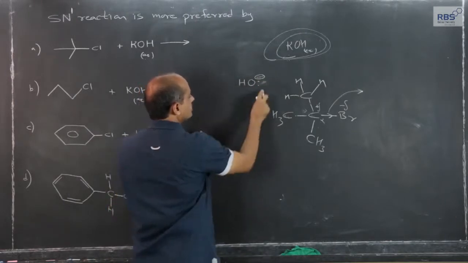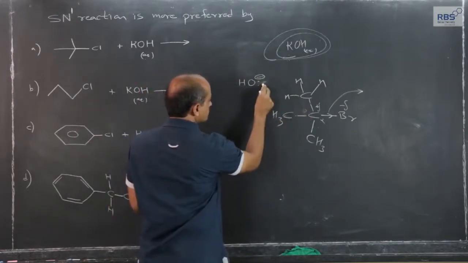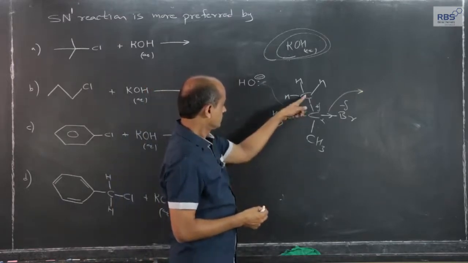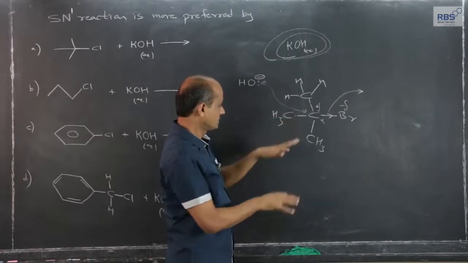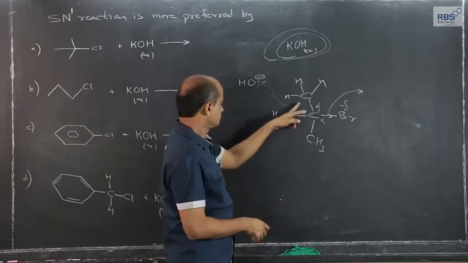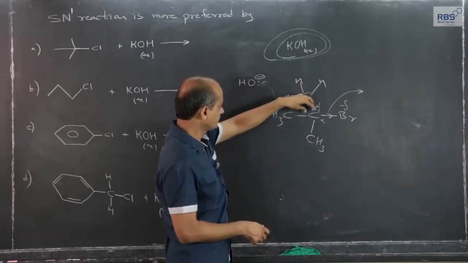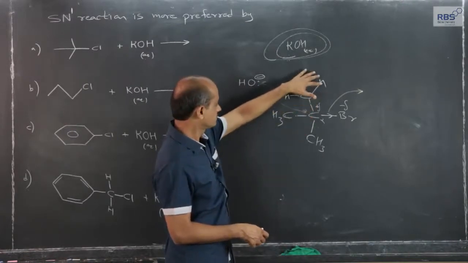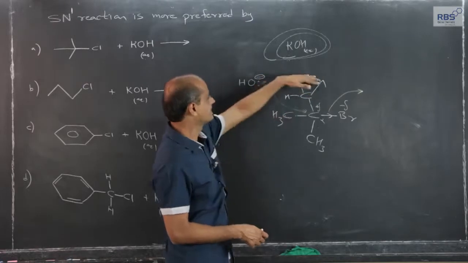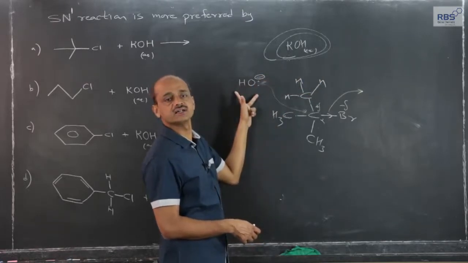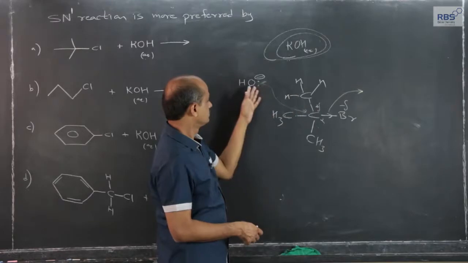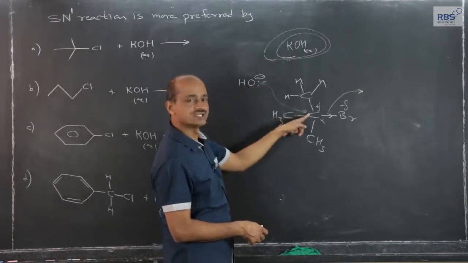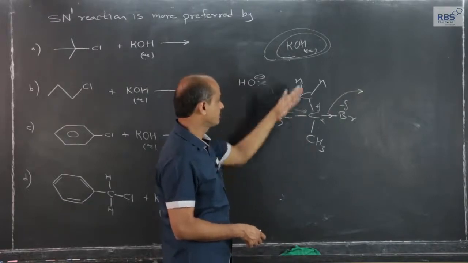Now it cannot attack from the opposite side because it has to attack this carbon. For that, it has to push these three methyl groups which have overlapped on this alpha carbon, meaning the bulky nature or the steric hindrance for this attacking nucleophile makes it difficult. The attack of OH minus ion from the opposite side is difficult here because of the bulky nature of this group.